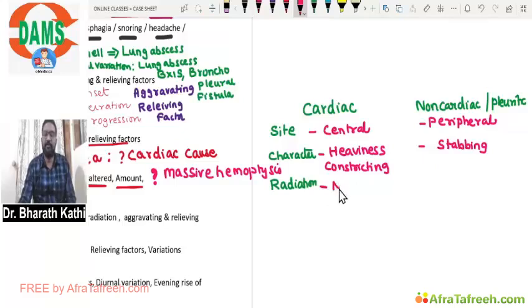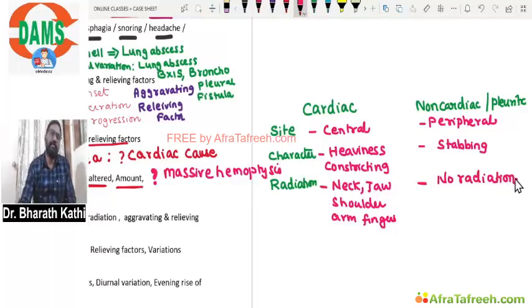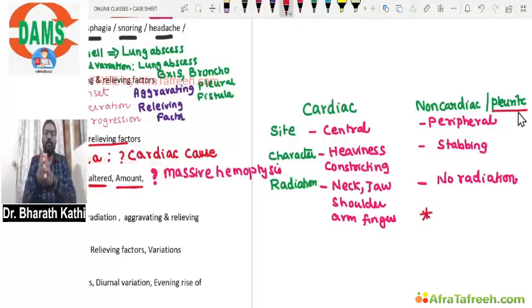Radiation, yes. Cardiac pain can radiate to the neck, jaw, shoulder, arm, fingers, whereas non-cardiac chest pain generally has no radiation. And one important feature of pleuritic chest pain: it is due to inflamed pleura, rubbing of pleura.